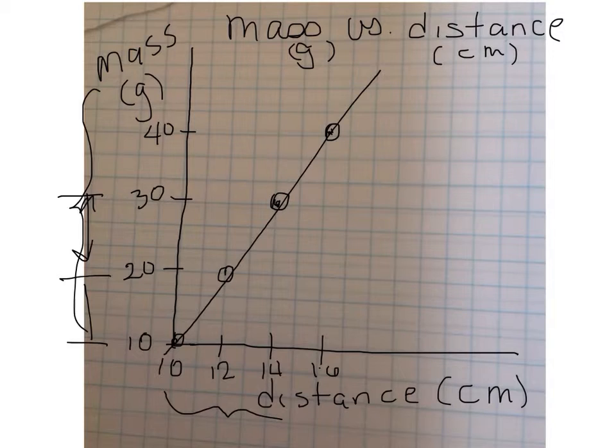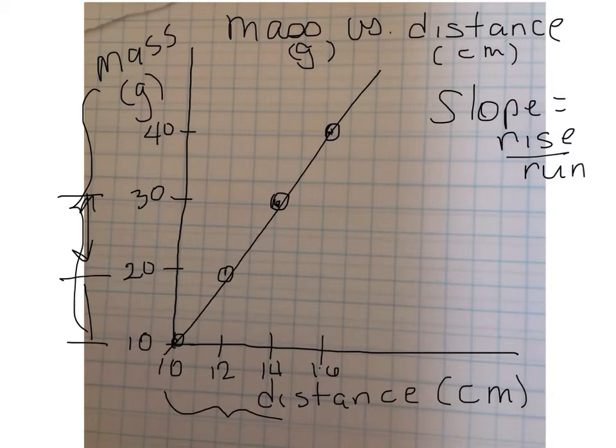The next thing you do on a graph, if it is a straight line, you have to find out about that graph. So, since it is a linear graph, you can find the slope. And slope of a graph, if you remember from your math, is rise over run. So, you want to pick points off your line.